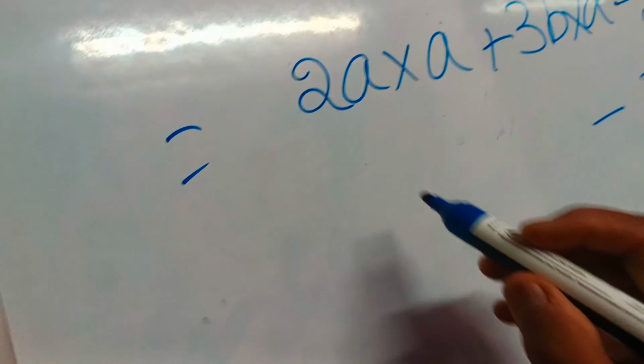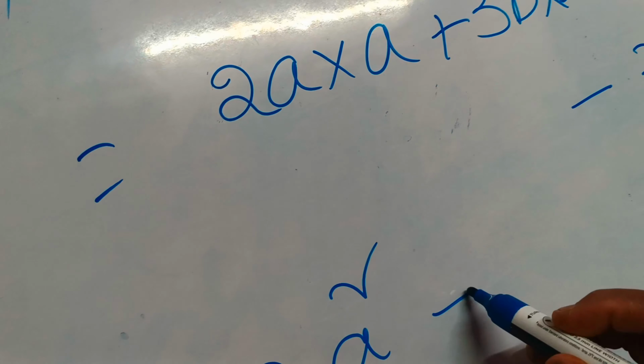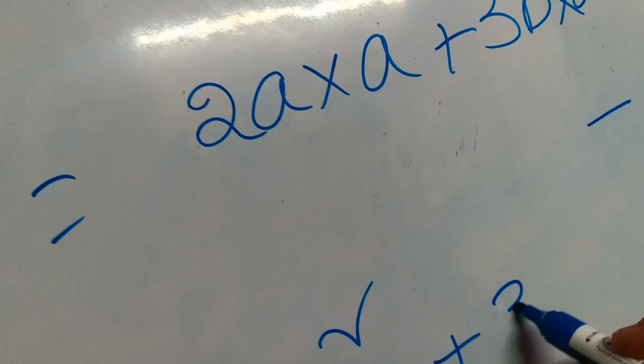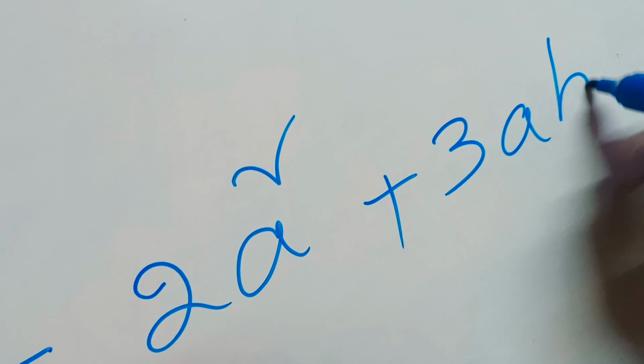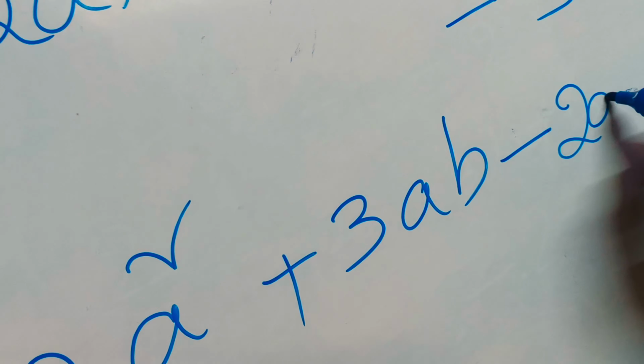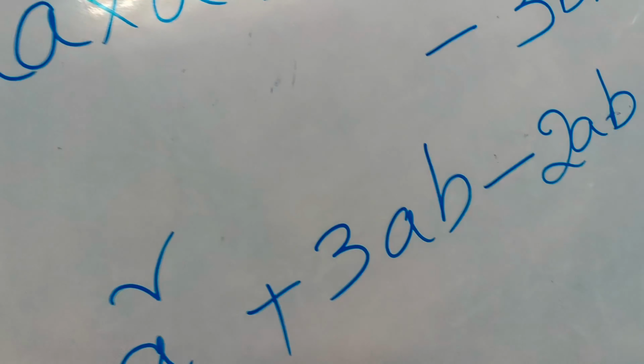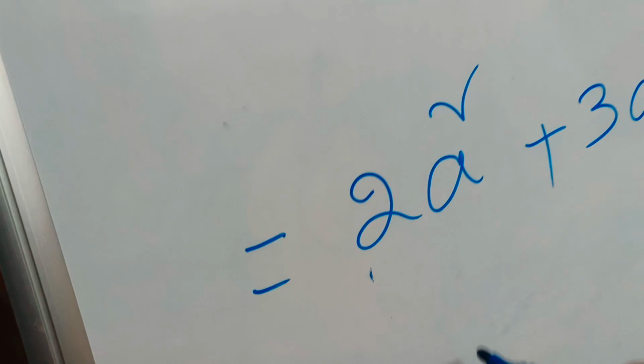So we can write 2a into a, 2a square, plus 3b into a, 3ab, minus 2ab, minus 3b square. So here is 2a square.